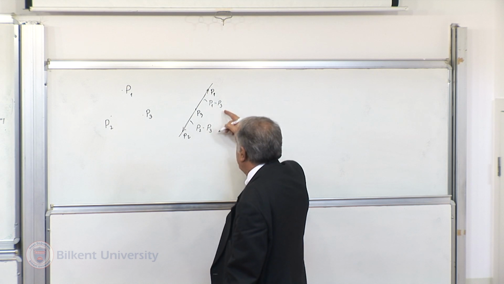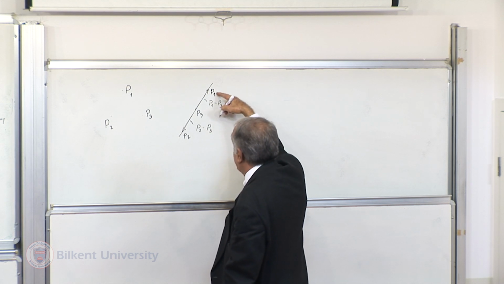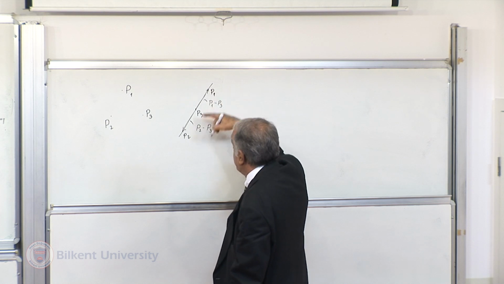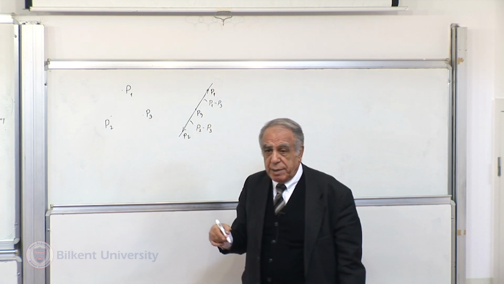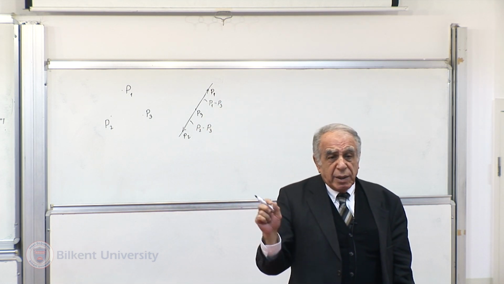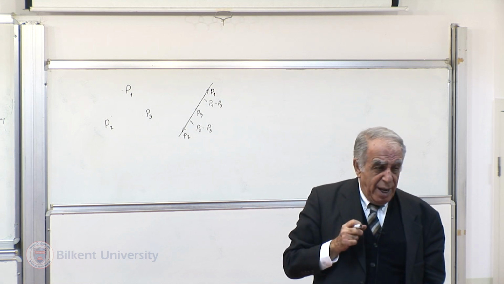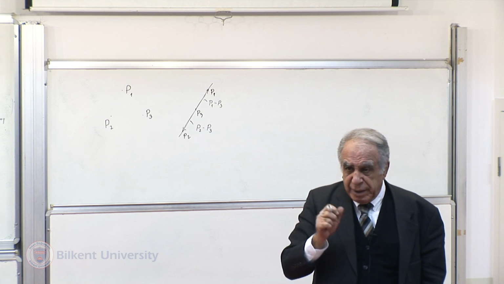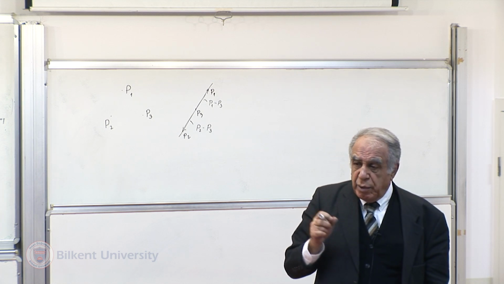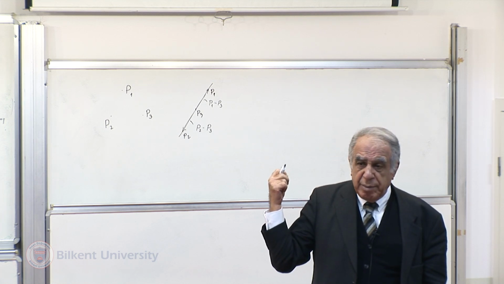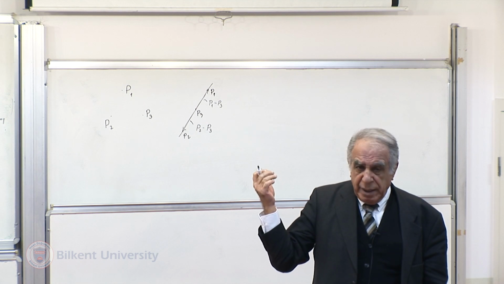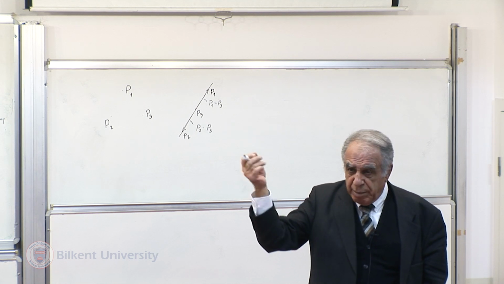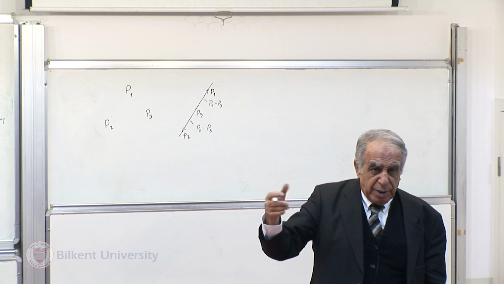Well, we could have done this taking P1, for example, then P3 minus P1, P2 minus P1, but no matter which one of the 3 we take, and we subtract that from the remaining 2, the 2 vectors we obtain will be linearly dependent, because one will be a scalar multiple of the other.